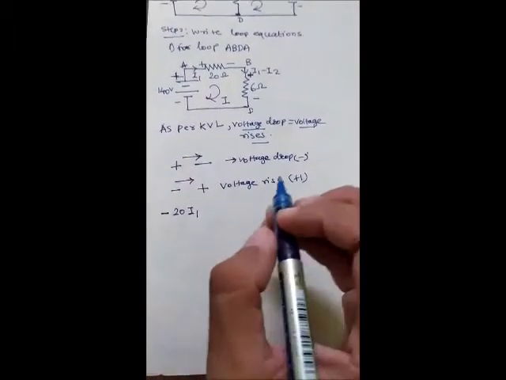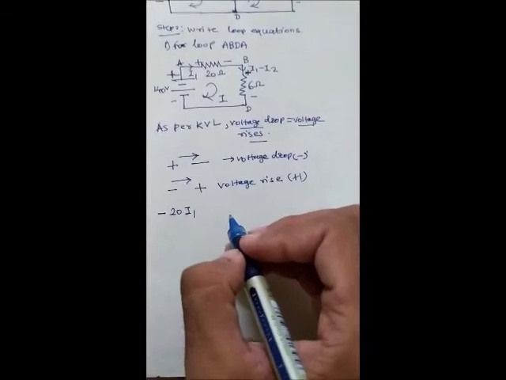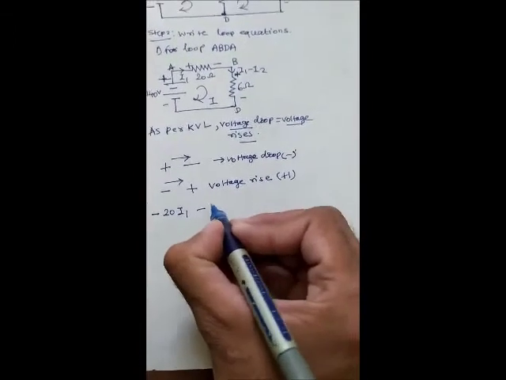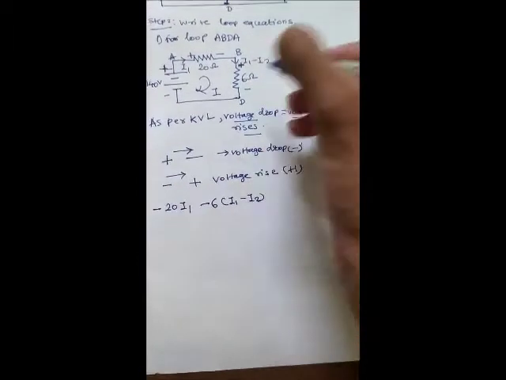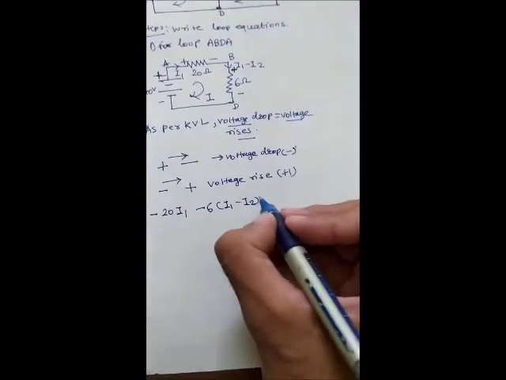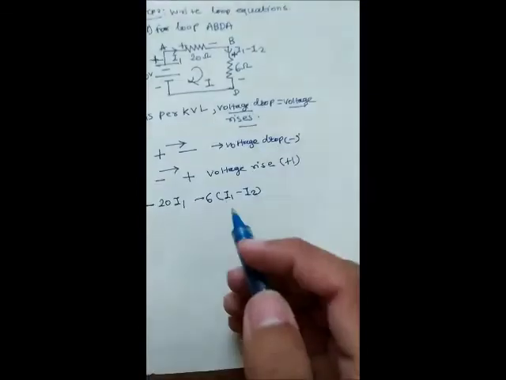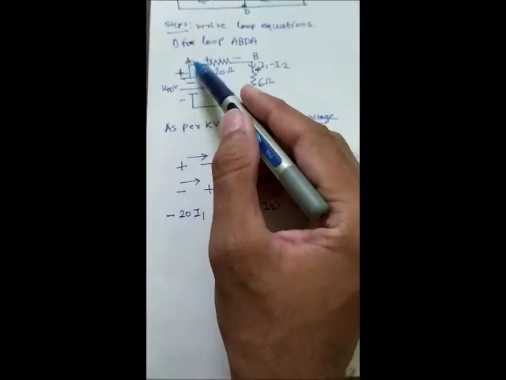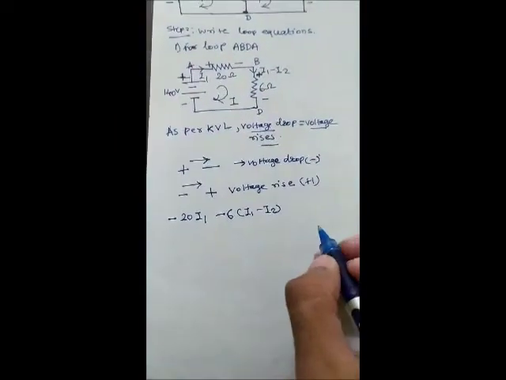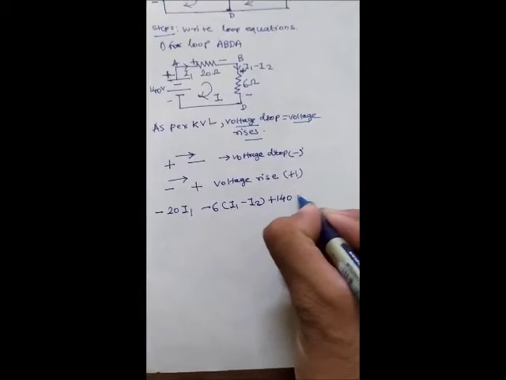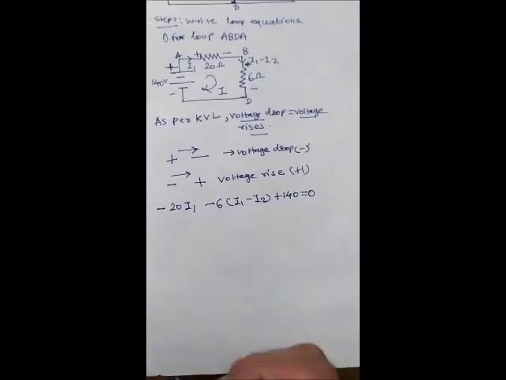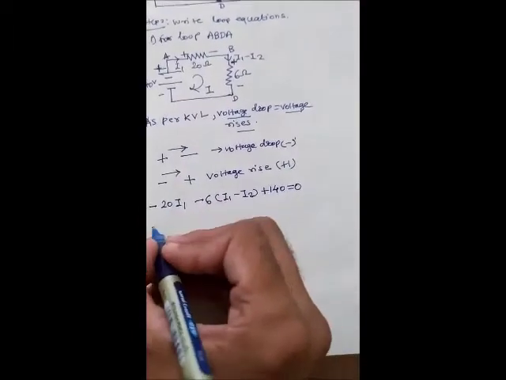Okay, so minus 20 I1 minus of 6 (I1 minus I2), this is plus minus, and then I will see minus to plus current is going, that means voltage rise is there, so it is plus 140 is equal to 0.